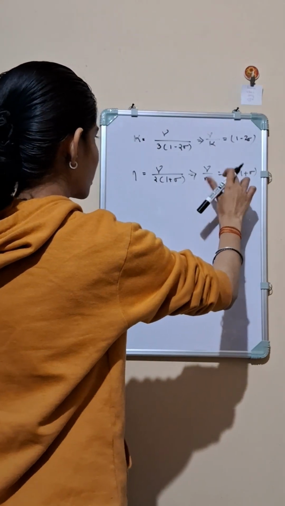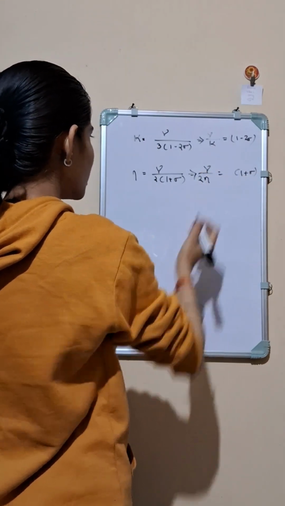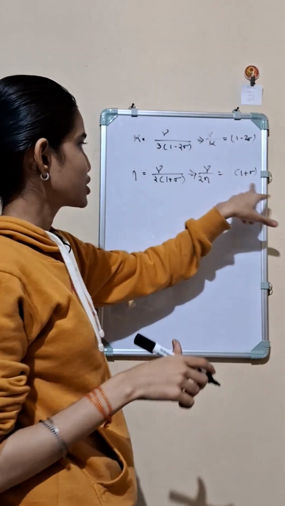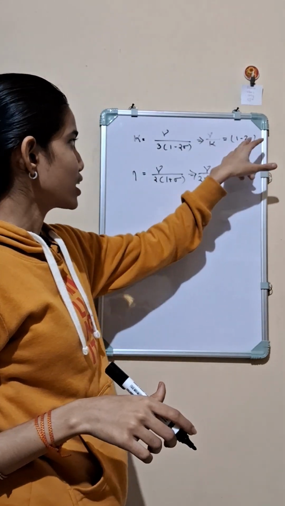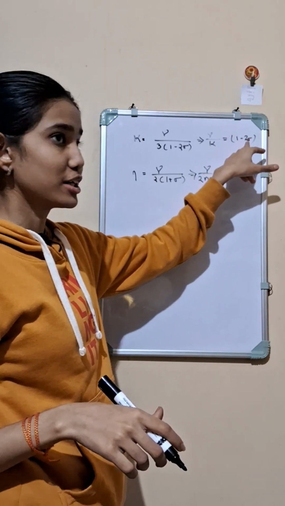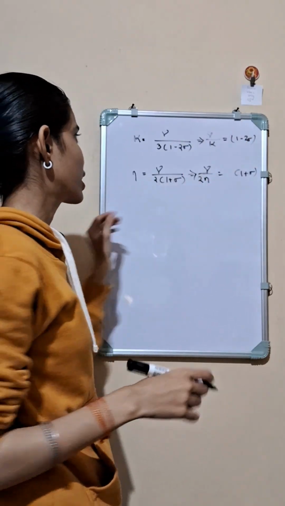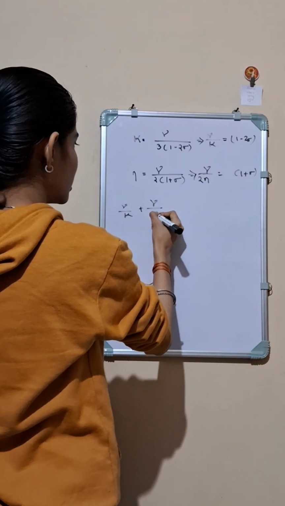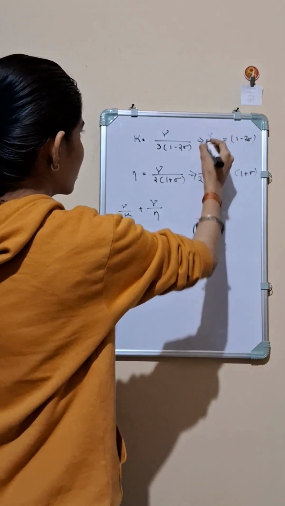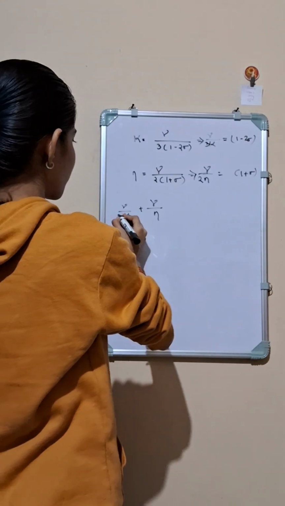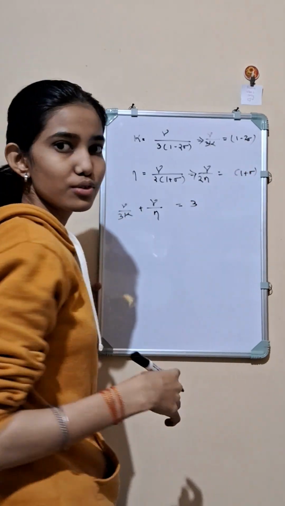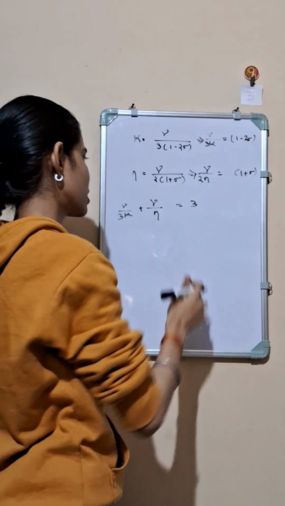Now if I multiply the second equation with 2 and add it with the first equation, the sigma term will cancel out, and I will get gamma by 3k plus gamma by eta equals 3, because 1 into 2 is 2, and 2 plus 1 is 3.